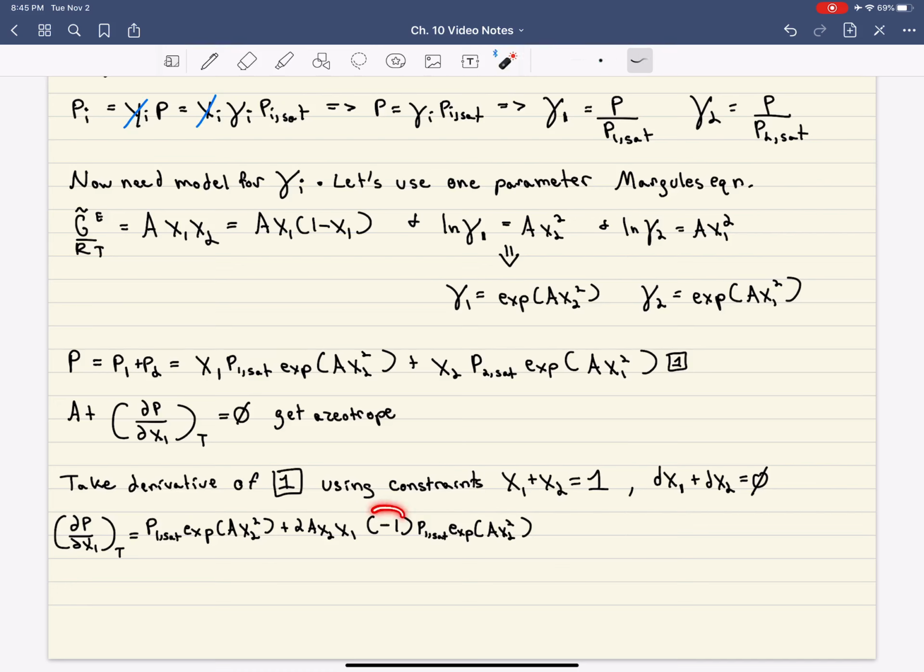That negative 1 just comes from the fact that I took the derivative of x2 with respect to x1. Based on this constraint, we know that those are negatives of one another. So that's just a small detail.